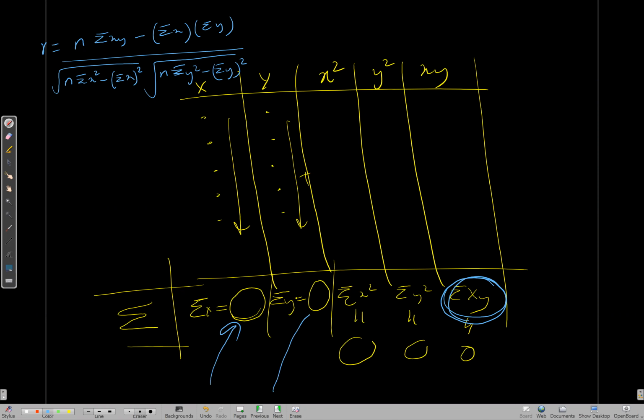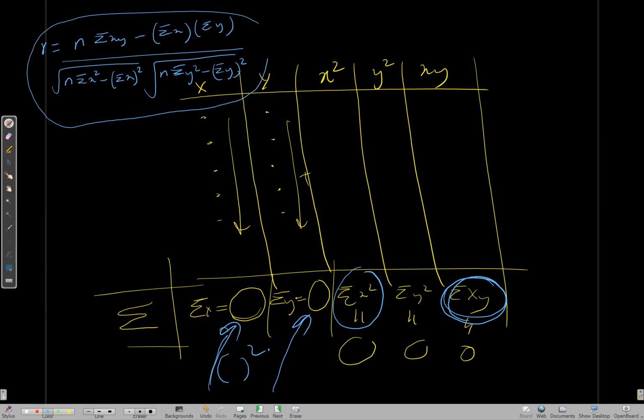So this and this. In the denominator, that means under this line, n times sigma x squared, so this guy, minus sigma x everything squared. So that means whatever you got here, that value squared, right? And the same thing goes with this. So that's a careful little application of that.